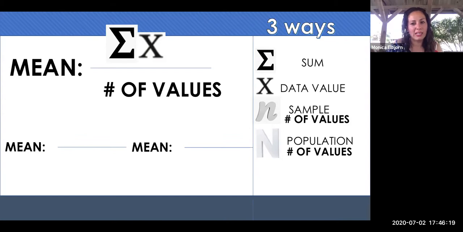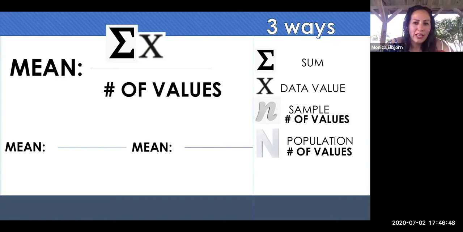And the big letter N is our population. It makes sense, right? Little n for sample, big N for population. And since we have two divisors, we're gonna have two different means: one mean for a sample and one mean for a population. So far, all these four variables, do you know what the meaning is now if I ask you?